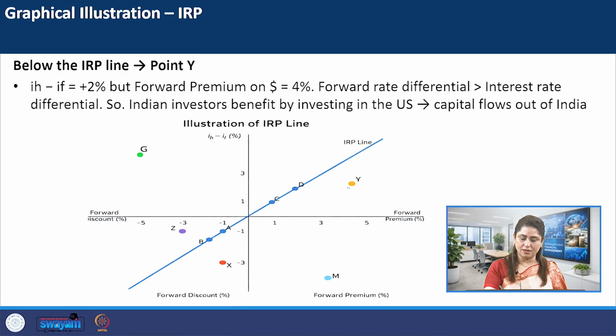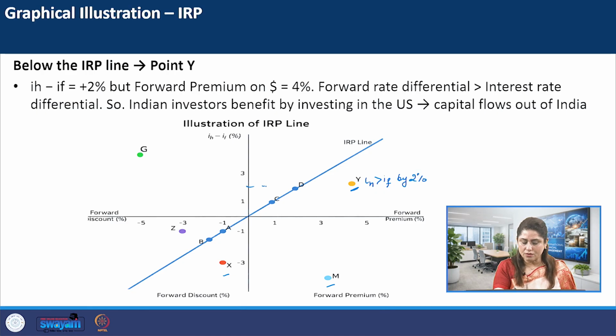Now, let us see the points below the line. We have 3 points here: the Y point, the M point and the X point. Let us see them one by one. If we see the Y point, we will find that here IH is greater than IF, that is, the interest rate in the home country is greater than that of the foreign country, by 2%.